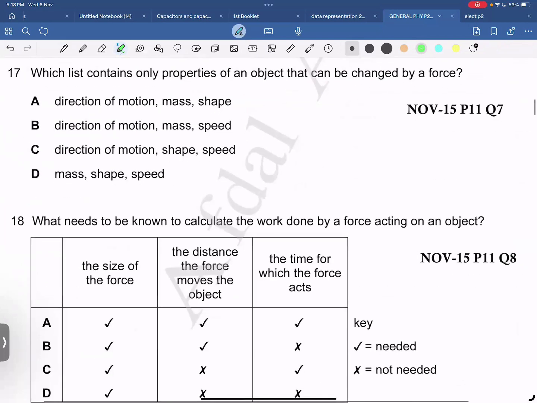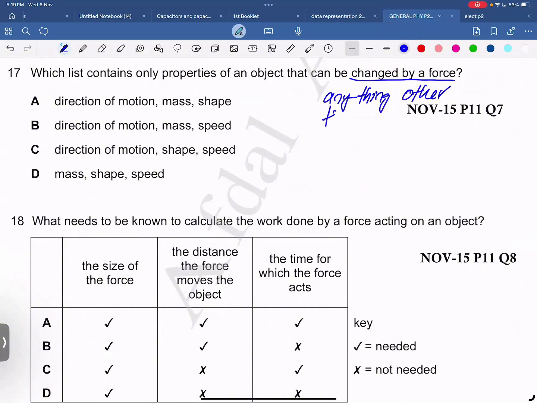Question number 17. Which list contains only properties of an object that can be changed? Anything can be changed other than mass of an object. By applying force, you can't change the mass.